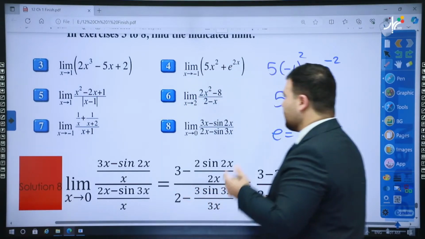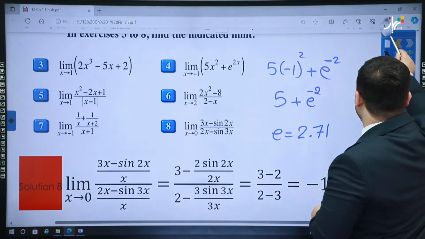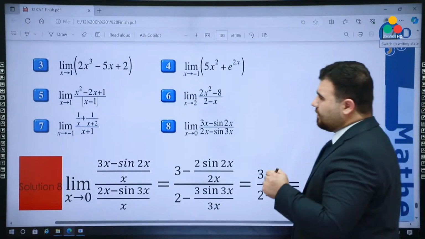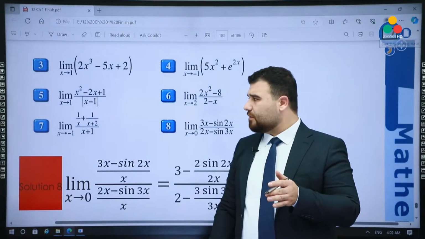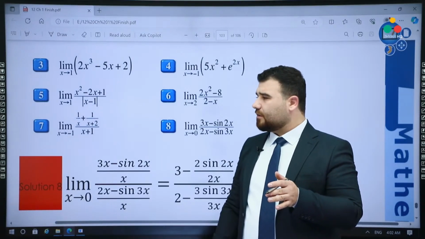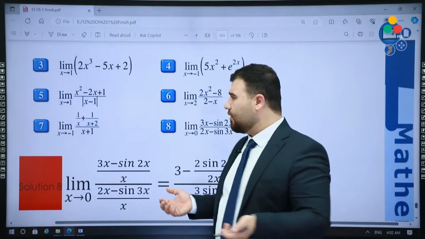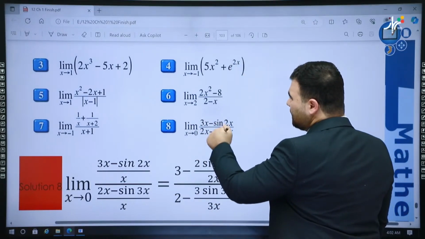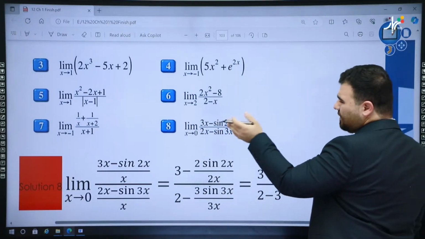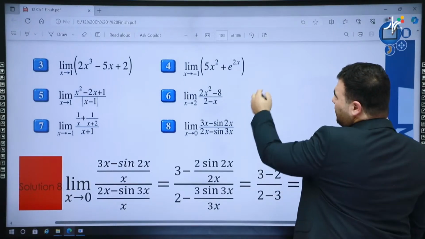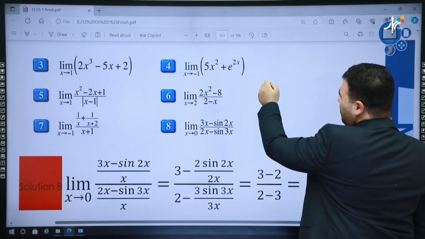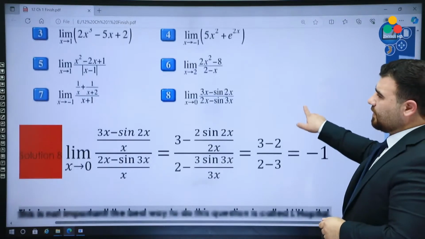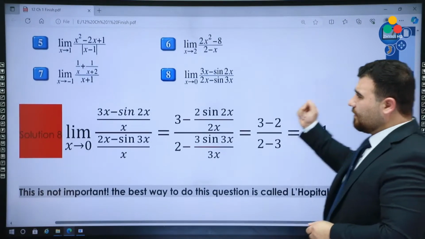And if we do left and right, the result, let's find it. x squared minus 2x plus 1, this one, we can factor it, or you can use a calculator, just put a number in place of x, a very close number to 1, like we can choose 1.01 in place of 1, that's the right limit.